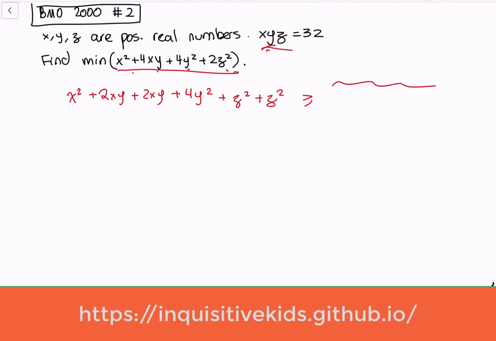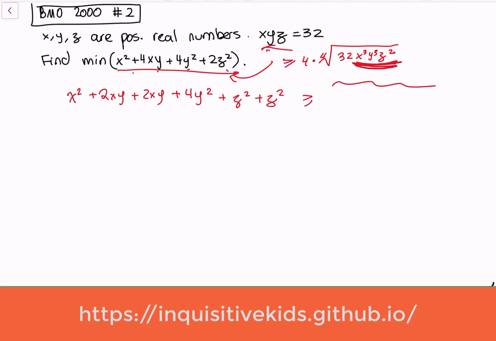For example, if we directly tried to apply the AM-GM inequality to the original expression, we would get that the sum is greater than or equal to 4 times the 4th root of 32 x cubed y cubed z squared. And this is hard to deal with because we can't really simplify the variable part very much, since the exponent of z is different from the exponent of x and y.